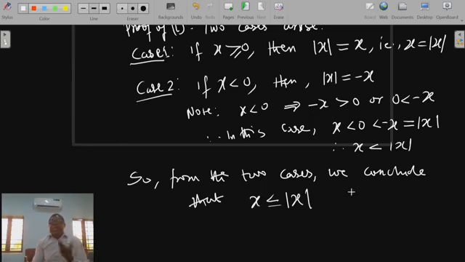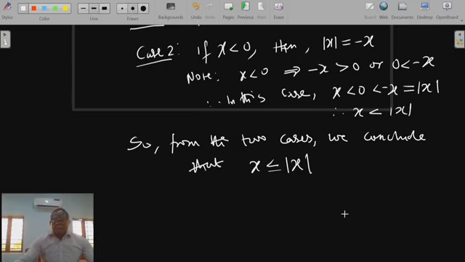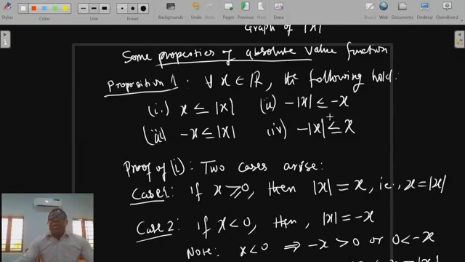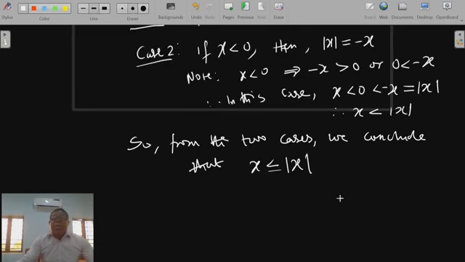That is for any x we pick in the set of real numbers. So the others, number 2, 3 and 4, follow the same pattern. But the major job to do here is to justify that number 1 holds. The other ones will trivially follow.